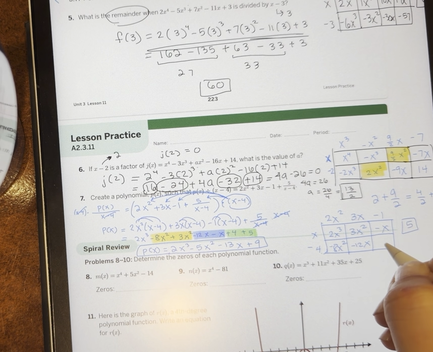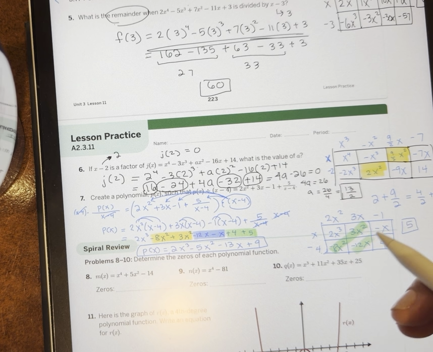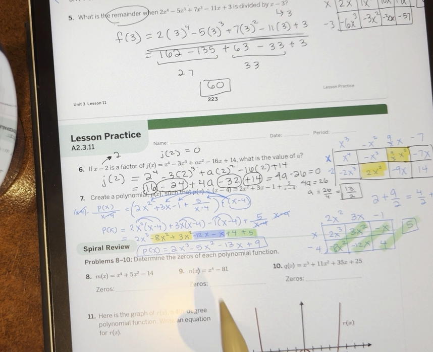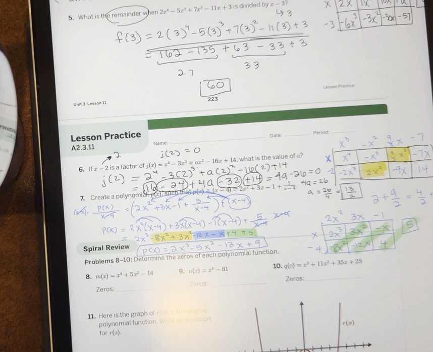And then this times this will be a positive 4. And then with that positive 5. And then when we go and combine our like terms, we get the exact same answer. We literally did the exact same work. However, if you were like, what is she doing here? I bet you find this a lot easier to follow, and it's the exact same thing. Another reason this box is fantastic, you guys. Fantastic. Okay.